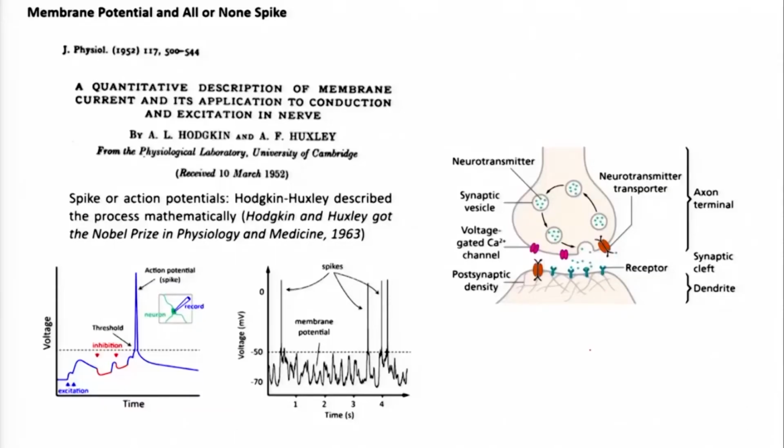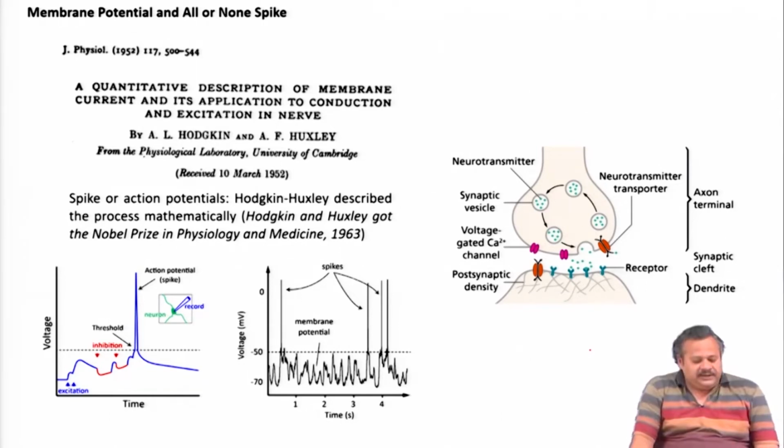So, what we have been discussing so far is that we have introduced the idea of the action potential, and we said that it is the membrane potential of the neuron.